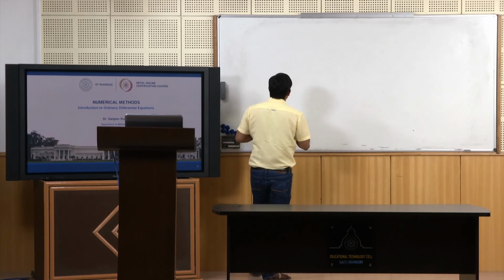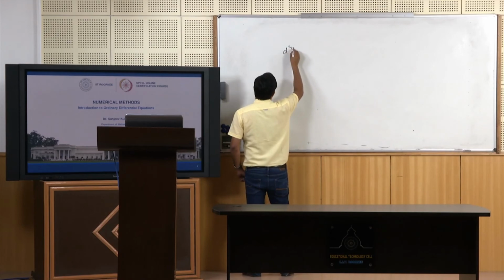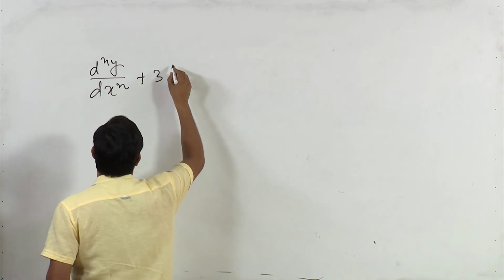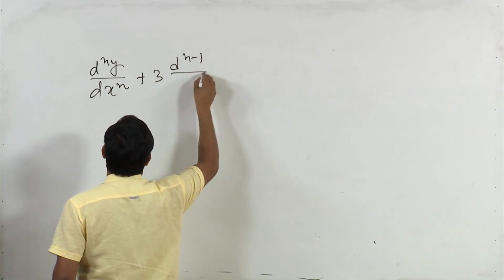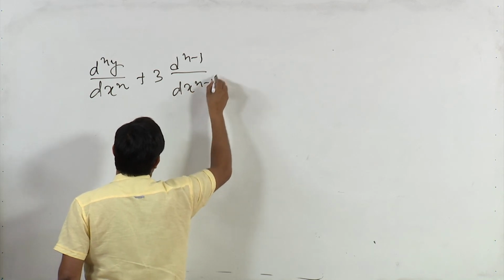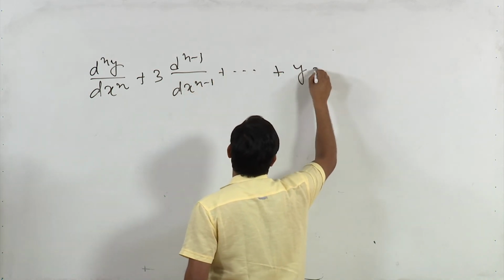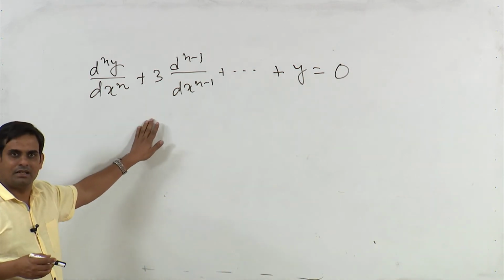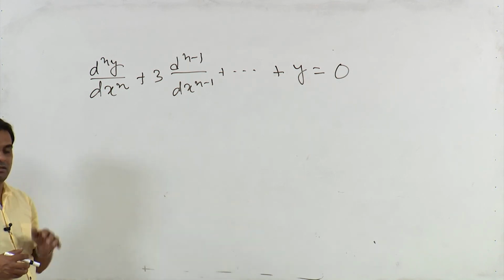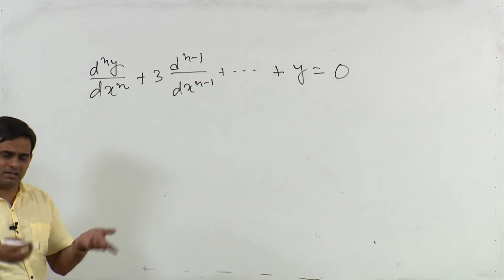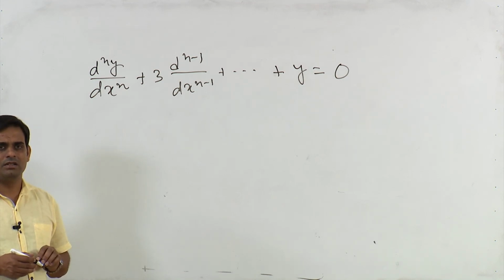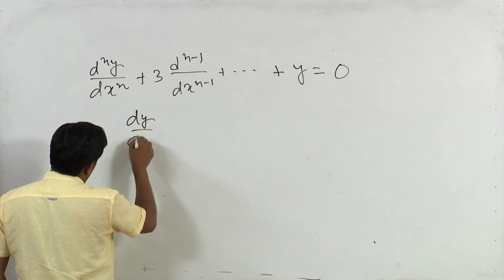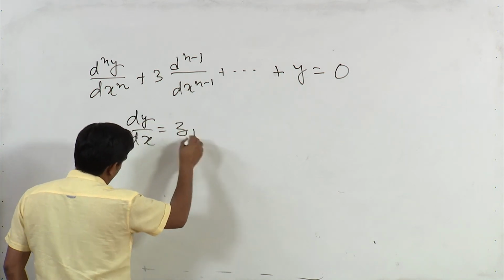So, for example, if you have a differential equation of nth order, and I want to reduce it into a system of n first order differential equations, then first of all I will take dy over dx and call it z1.